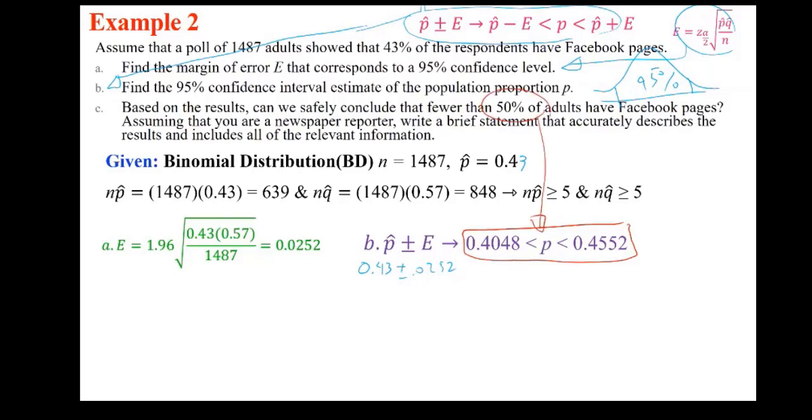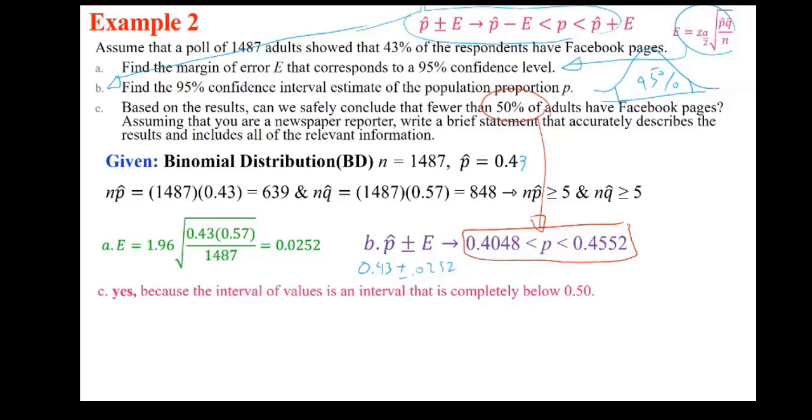If both ends are larger than 0.5, let's say 0.6 to 0.7, I'm making it up, then it's definitely larger than 0.5. If 0.5 is included, in other words, it goes from, let's say, 0.4 to 0.6, then we can't say that it's lower or more than 50% because it contains 50%. Yes, in this case because the interval is completely below 0.5.